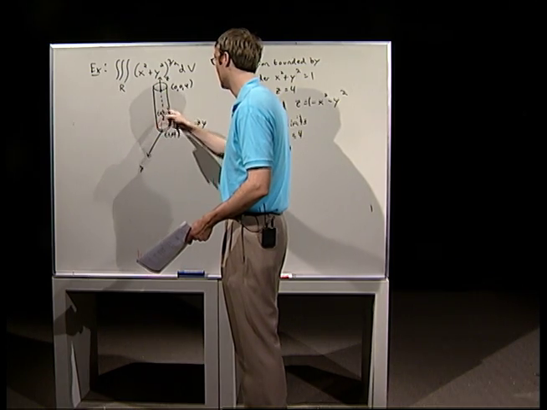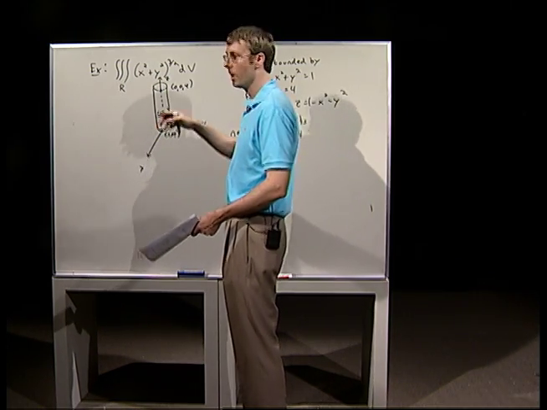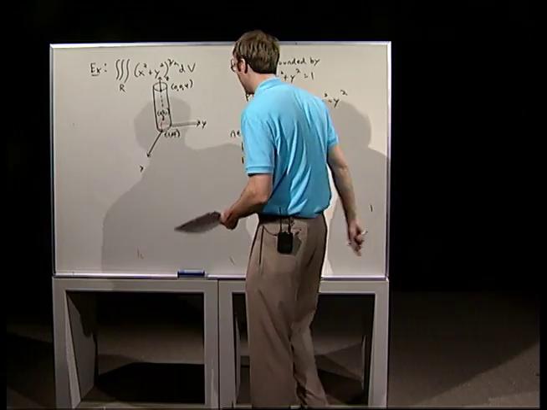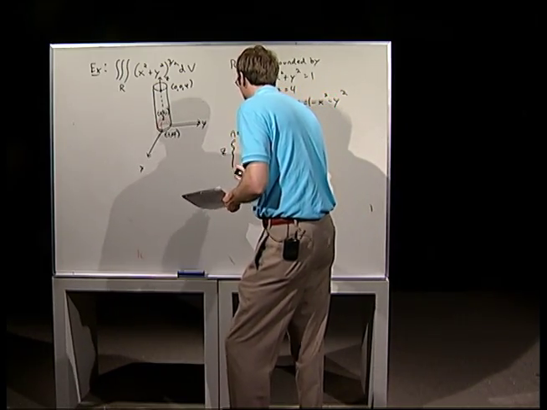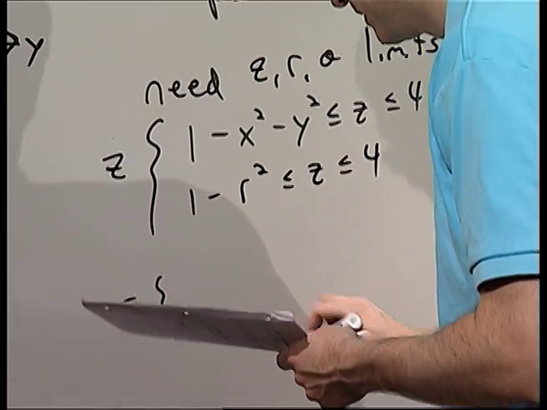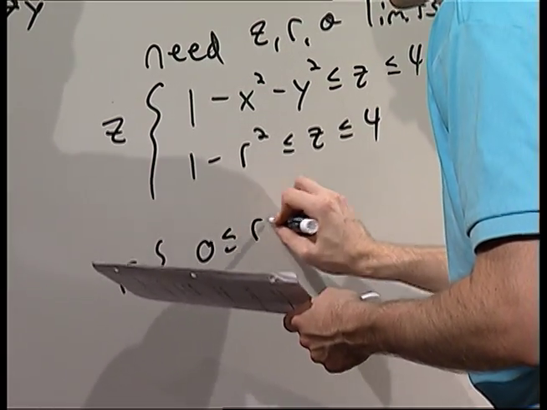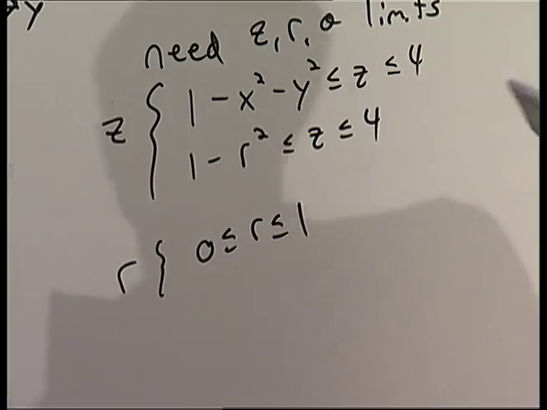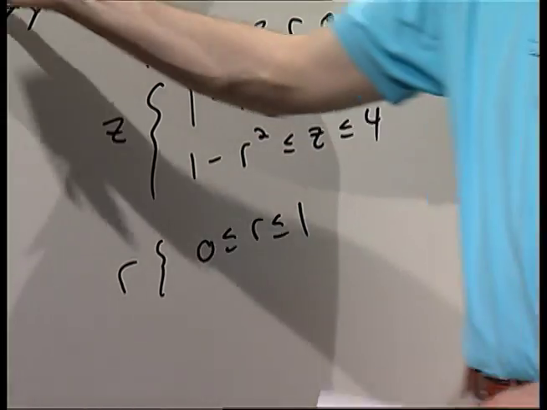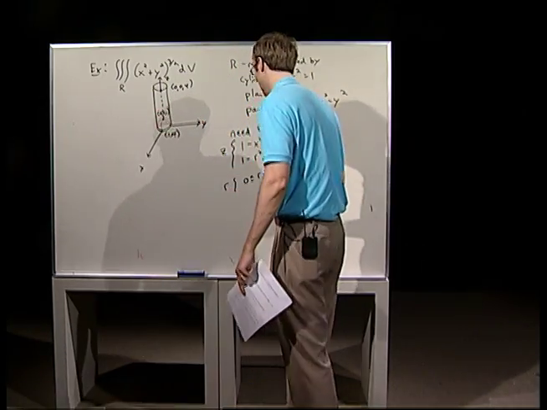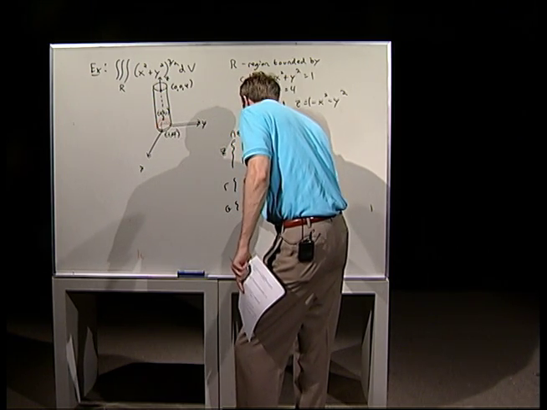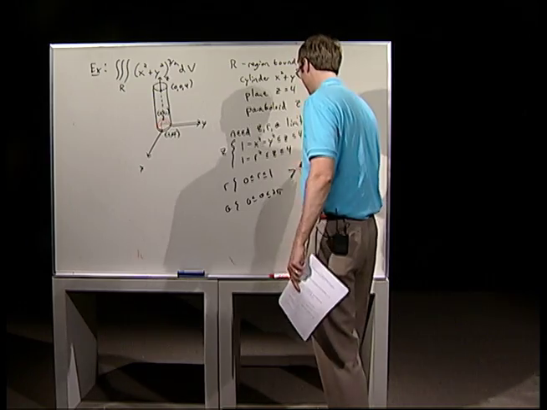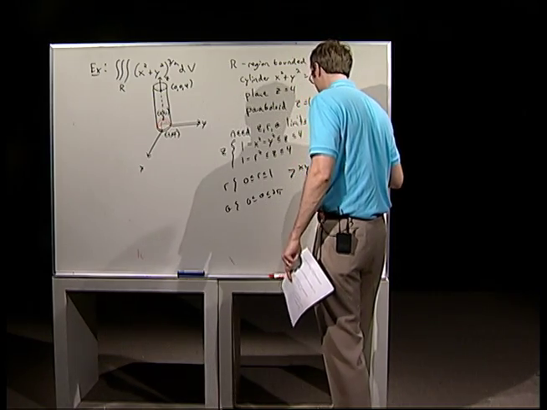It extends out from 0 and hits the wall of the cylinder, but goes no further than that. So the r limits are 0 to 1. And it's a full rotation around the cylinder, so your theta limits are 0 to 2 pi. And these bottom two are both in the xy plane.